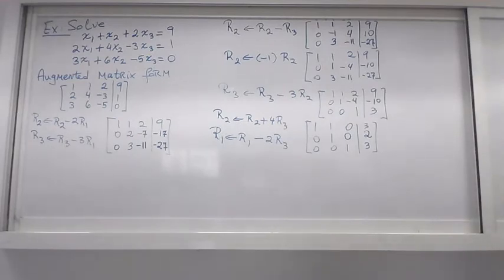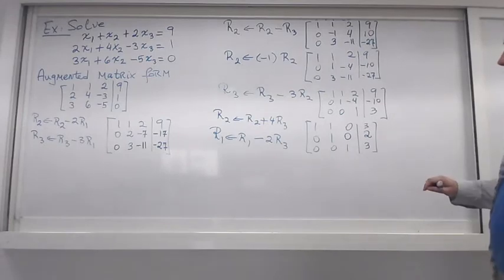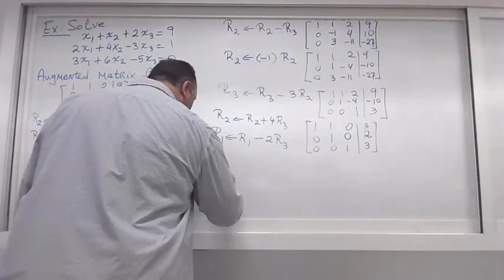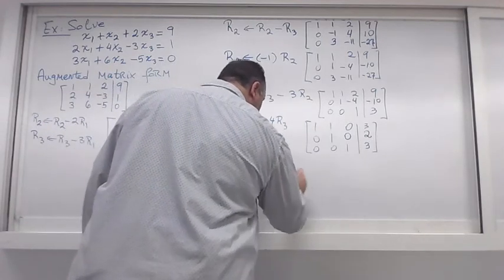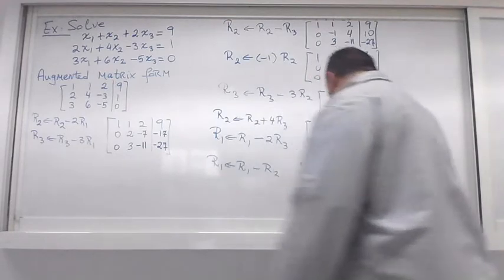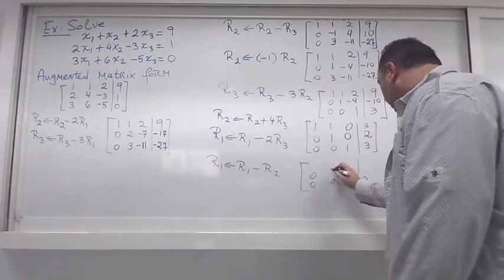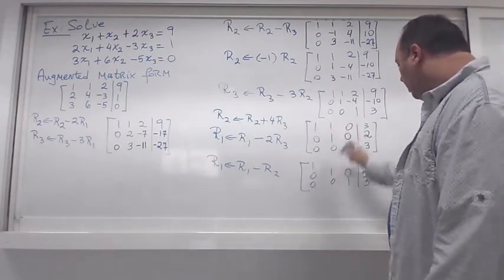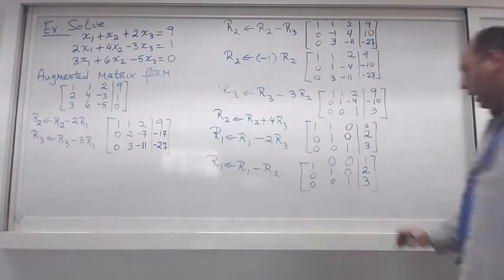I'm almost there. I had my echelon form here. I have another echelon form here. So I need to eliminate the one there and I will get my reduced echelon form. Now I'll be a happy man. So 1 minus 1, 0, 0, this minus this is 1.